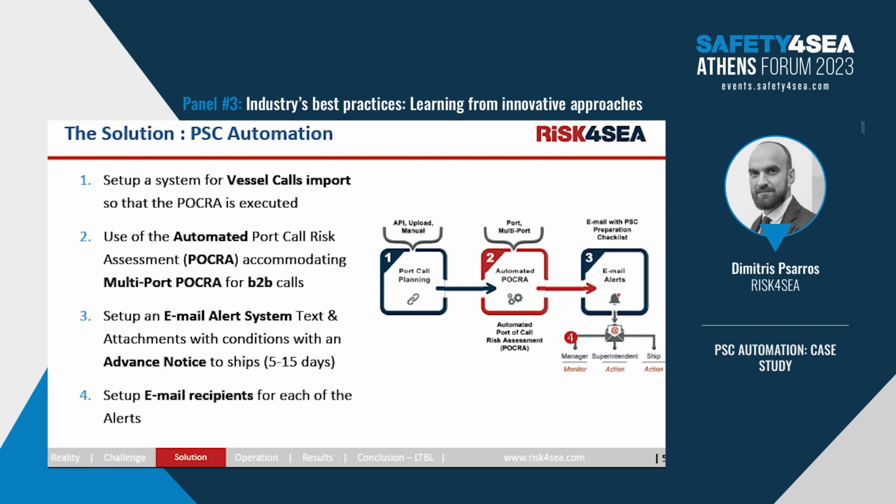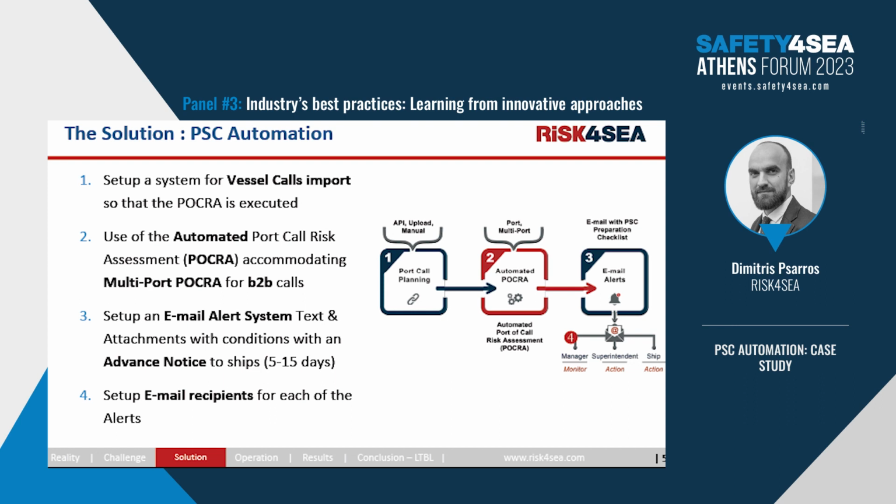The solution, what we did. We set up a system where we import the next port of calls of the vessels. This may happen via an API. We can upload the calls massively, or we can do it manually. After that, the system will generate a port of call risk assessment for every single call that we add in the system, and the system can accommodate multiple port of call risk assessments for back-to-back calls within the same country.